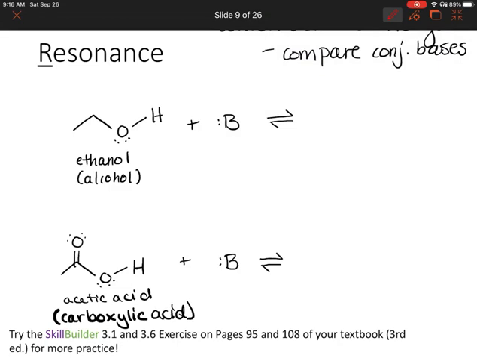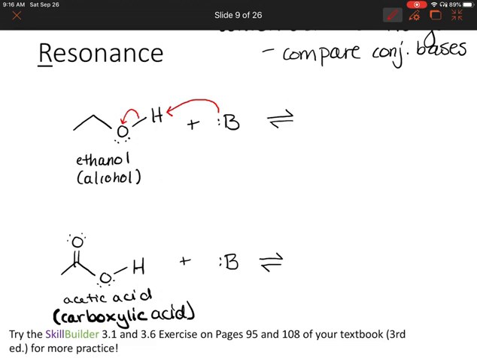So in arrow pushing, what we do is we show electrons grabbing onto another atom. So in this case, the lone pair of electrons on our base is grabbing onto that hydrogen. And then when that hydrogen leaves, the shared electrons will be left on oxygen.